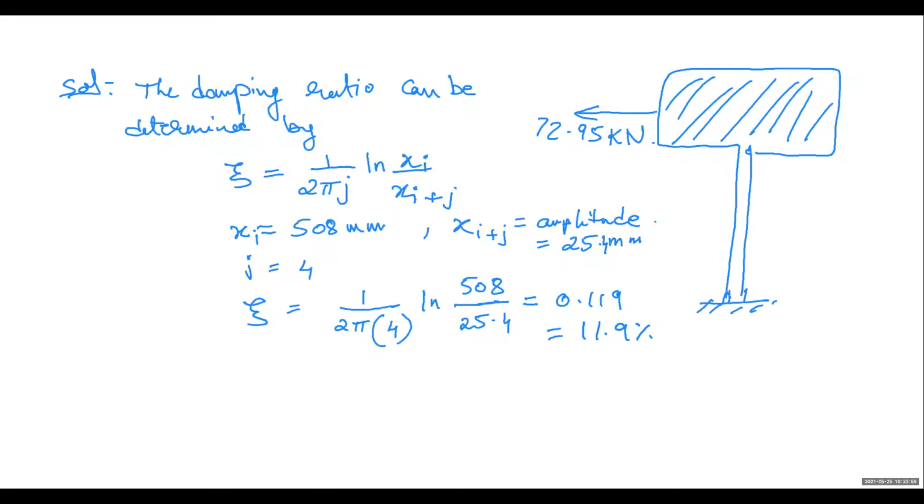So this is the damping ratio, the damping in this particular structure based on the amplitude and displacement. For concrete and steel we have standard damping values, but since this structure is in free vibration and we have the amplitude data, we have calculated the damping value for this particular force of 72.95.